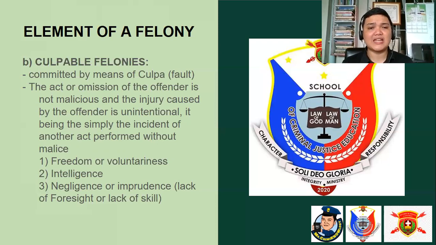It is through neglect, imprudence, lack of foresight, or lack of skill. So you just neglected through negligence, imprudence. The key word there is you don't have the intent, you don't have the voluntariness to do it, and that is just for the lack of foresight, lack of skill.